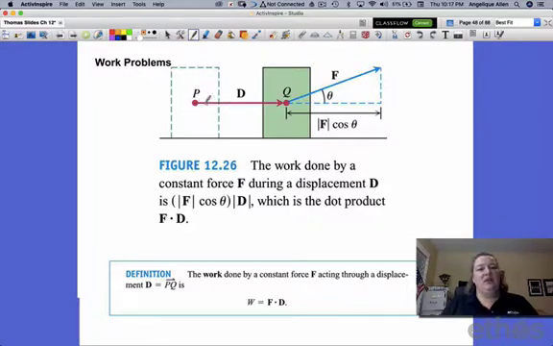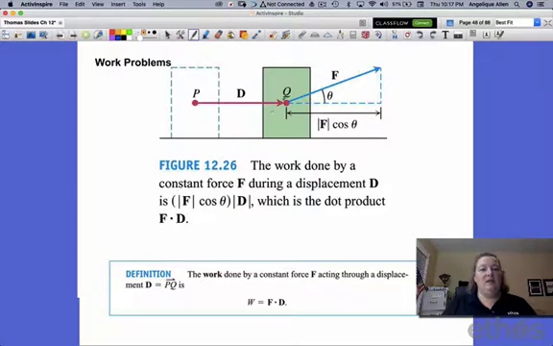This object has been pulled a distance of d so that the point where we end is at Q. They did it by pulling on the object with a force at an angle of theta with the horizontal. And so we know that the scalar component is the magnitude of F times the cosine of theta, that horizontal component of the vector. That's a familiar idea from a previous problem.